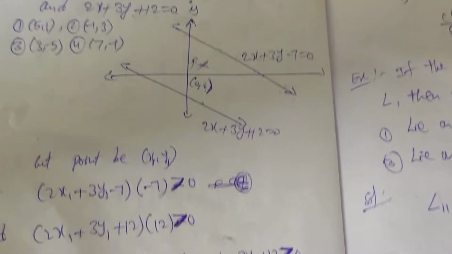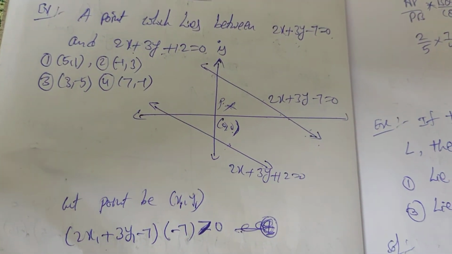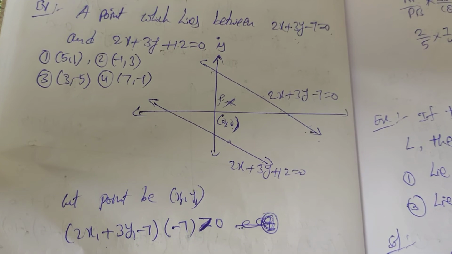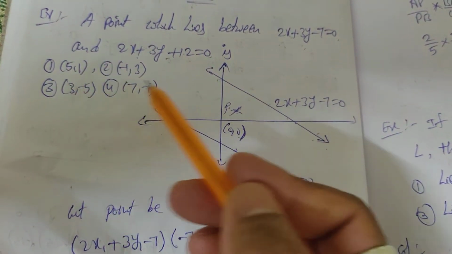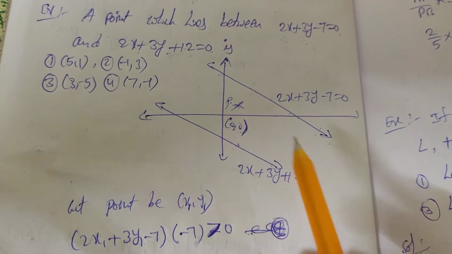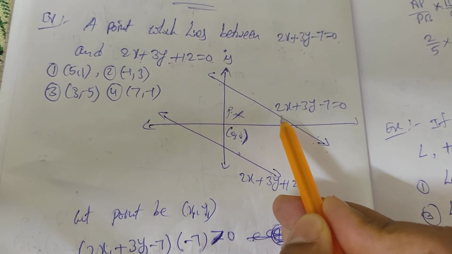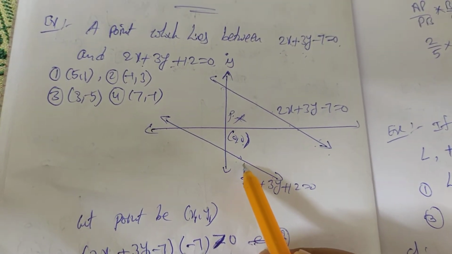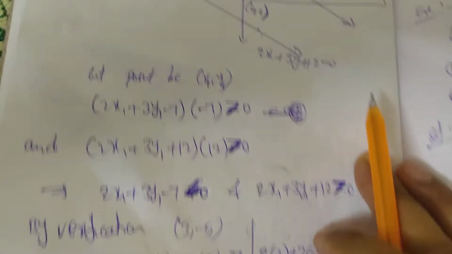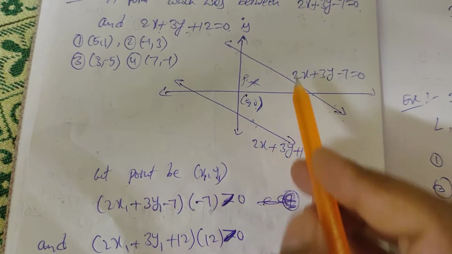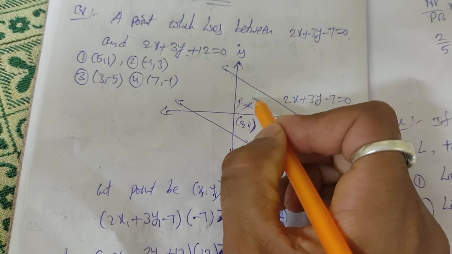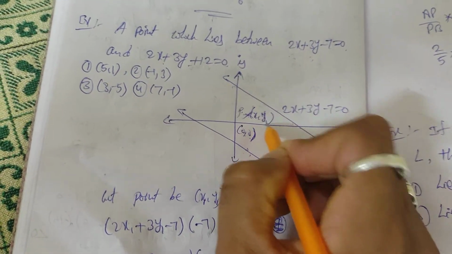See here. Actually, if you don't know how to find the point exactly, then verify the given options, which point P gives L11 into L22 positive, and for this line also L11 and L22 positive. That is our answer. So here let the point be P, some (x1, y1) you take; it is a point anywhere, we don't know the exact place.